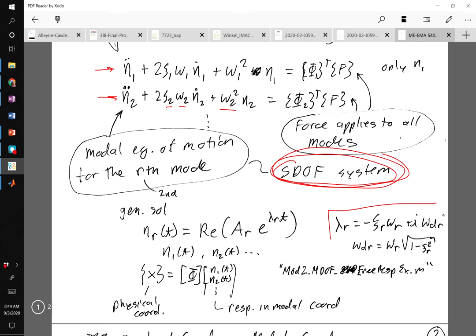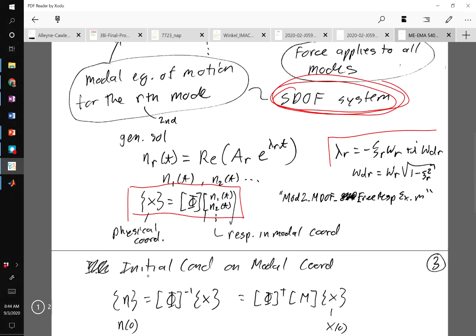So given any system, we could come up with eta 1, eta 2, and so on. And then if we go back to our assumption, our coordinate change, that will tell us how to get back the physical response. So this is really powerful.